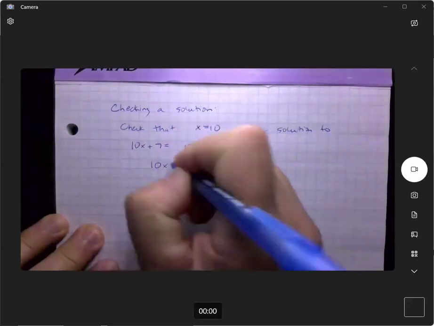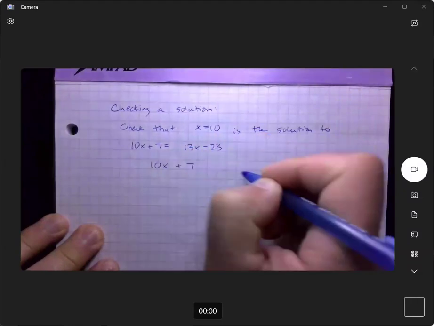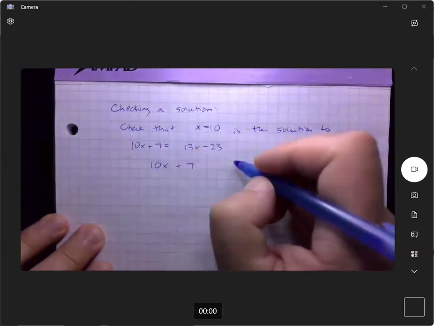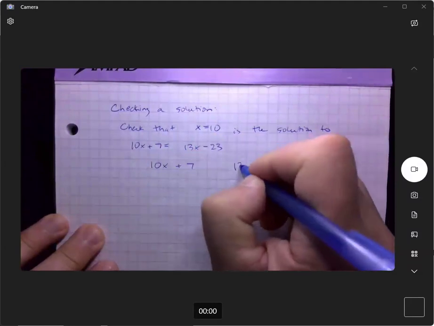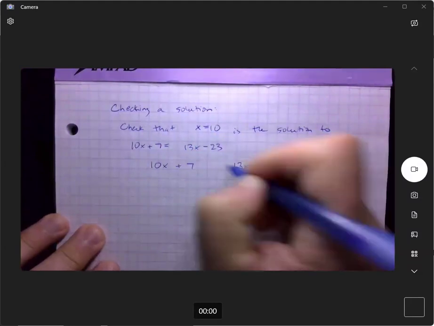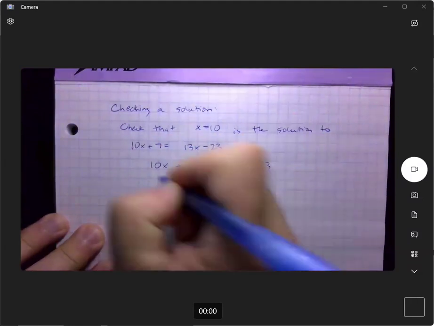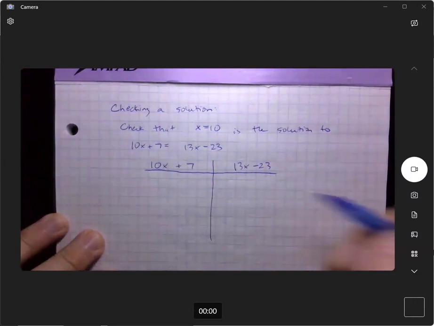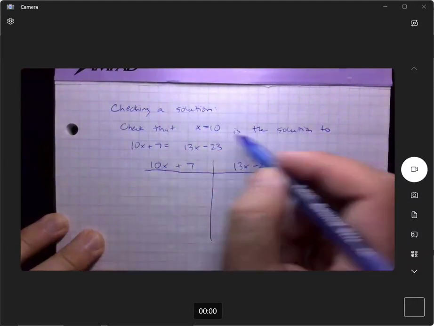So the mathematical notation we'll use for this is something like write your first expression on the left and your next one on the right. Make yourself a little table and then work your way down.